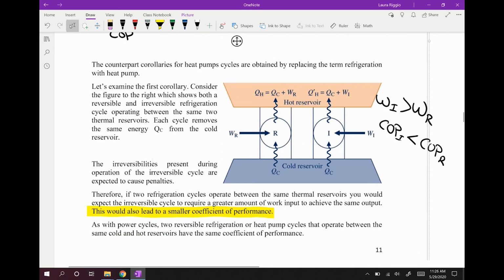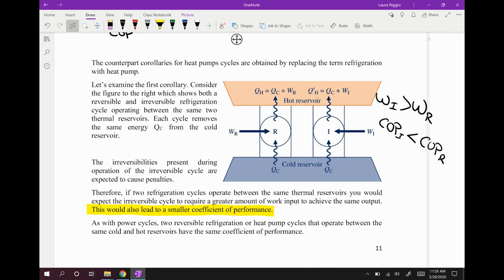Again, let's look at the first corollary to get a better idea of what's going on. We have the figure to the right, which shows both a reversible and irreversible refrigeration cycle operating between the same thermal reservoirs. Each cycle removes the same energy QC from the cold reservoir. The irreversibilities present during the operation of the irreversible cycle are expected to cause penalties.